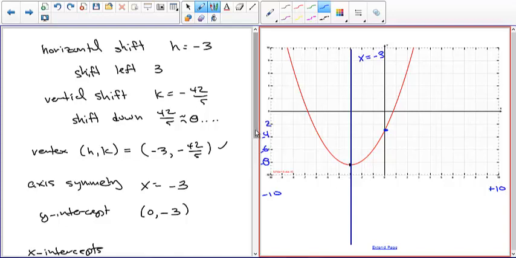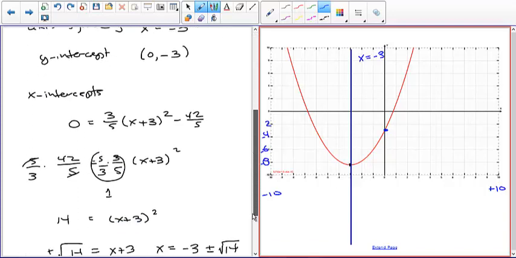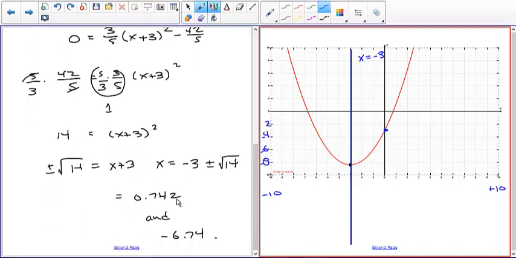Okay, so the y-intercept's right, and the x-intercepts are 0.74. Is it negative or positive? Positive. So right here, you can see here's 1, here's 0, so that's about 0.742. And if we go the other direction, we get something. What did I do? I did something wrong there. -3 minus the square root of 14, I got -6.74.